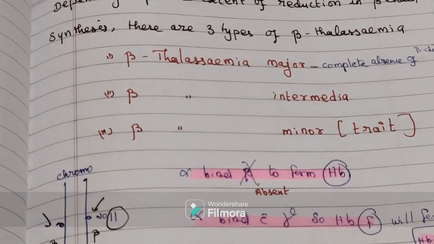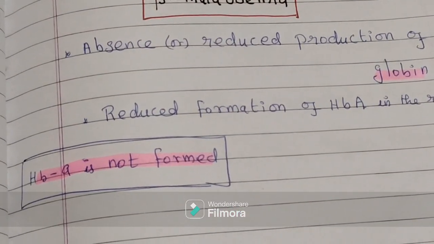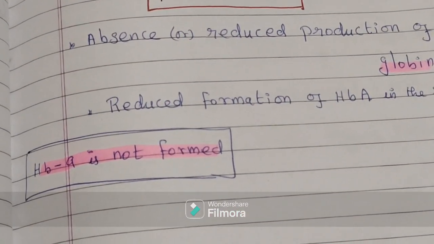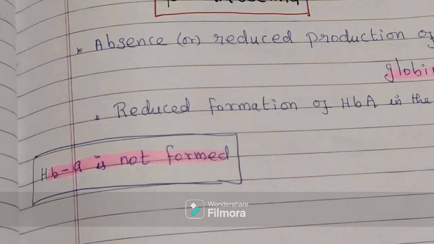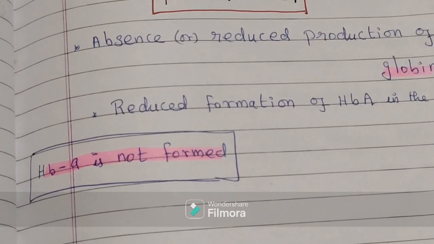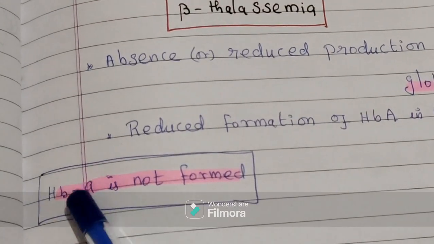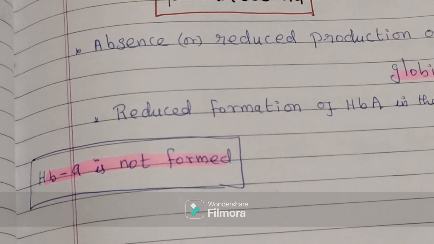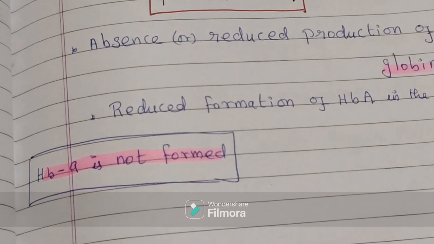For the formation of Hb, we require 2 alpha, 2 beta. Now alpha is there but beta is not there. So how will HbA be formed? HbA will not be formed. That is the problem with beta thalassemia.